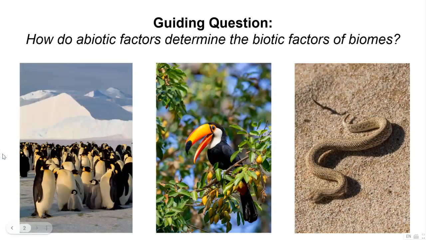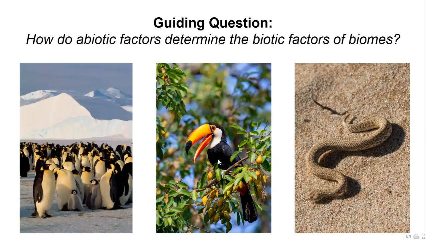So our guided question is, how do abiotic factors, how do non-living factors determine the biotic factors of biomes? Now, while you're remembering, hopefully, what abiotic and biotic mean, I'm just going to point out that we have 3 different ecosystems here. This one we know is going to be cold, maybe somewhat sunny, because we see penguins here. Here we're probably already getting hot looking at this.